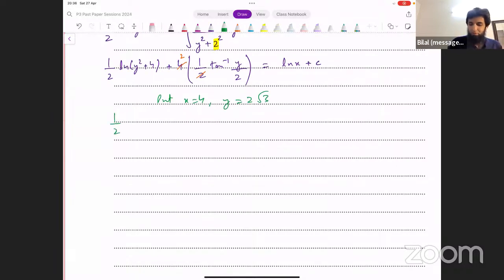What does that give us? 1 over 2 into ln of 2 under root 3 whole squared plus 4 plus 2 into tan inverse of 2 under root 3 over 2 equals ln of 4 plus c.